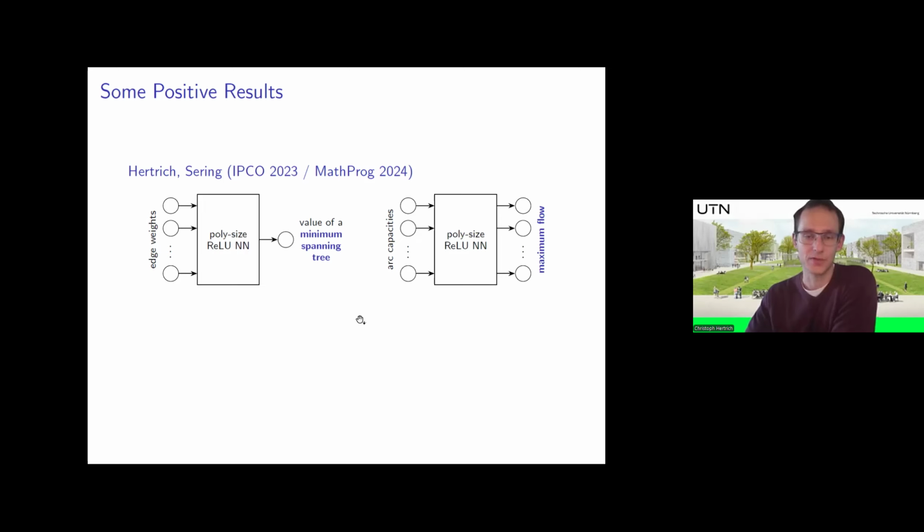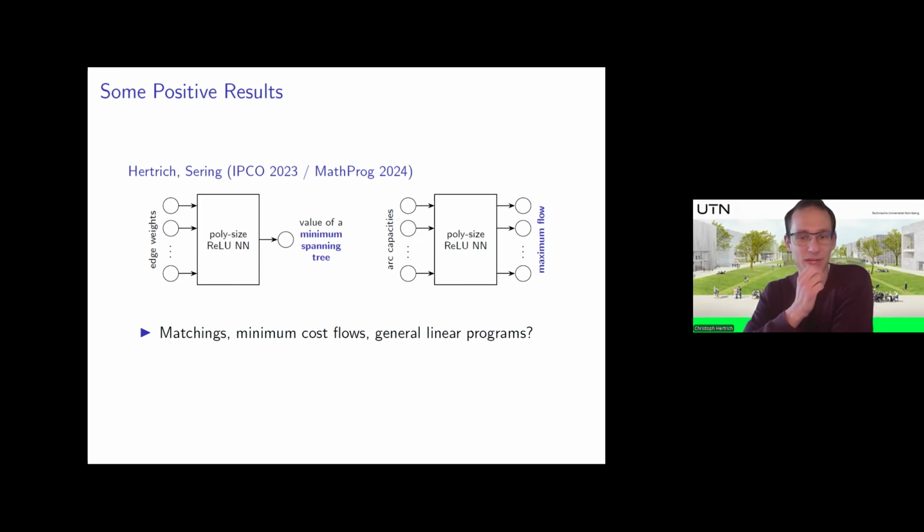Okay. So here are positive results, but from everything I've told you so far in this talk, you may have realized that I usually like negative results more than positive results. So what can we say about this? Or first, if you think more about positive results, what about other problems you can solve in polynomial time, like matchings or minimum cost flows or even general linear programs?